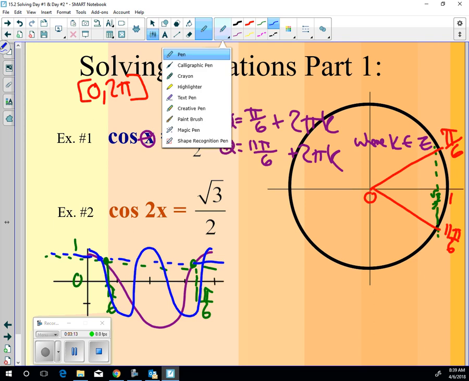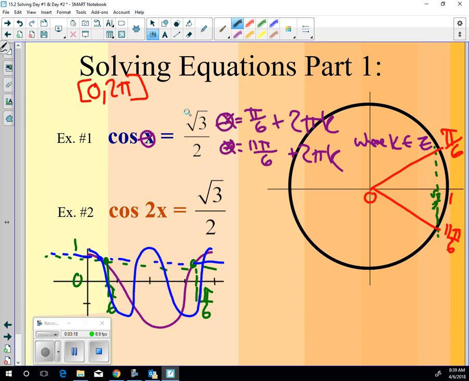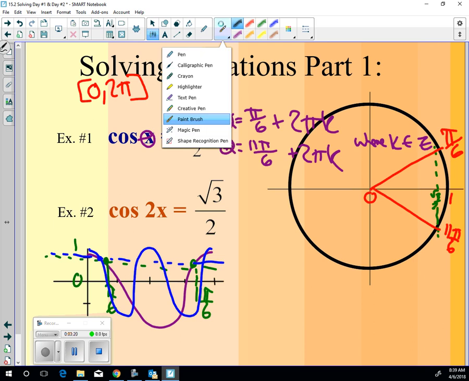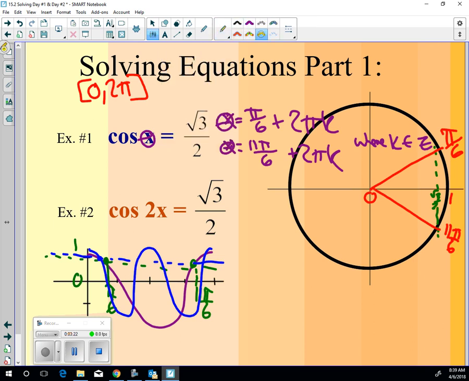I'll use smiley faces because it perks me up. Here you go. 1, 2, 3, 4 solutions now.